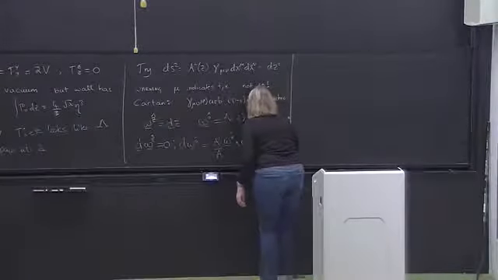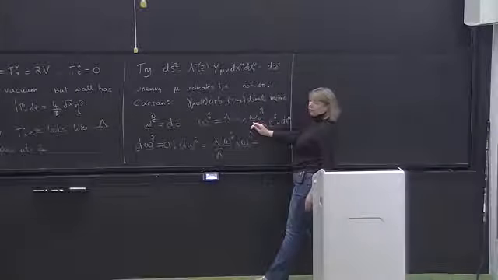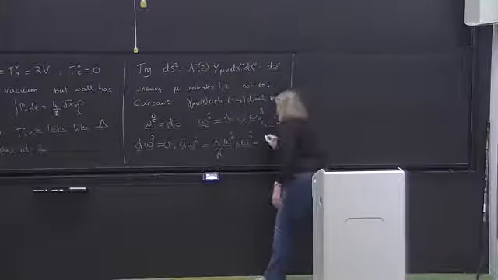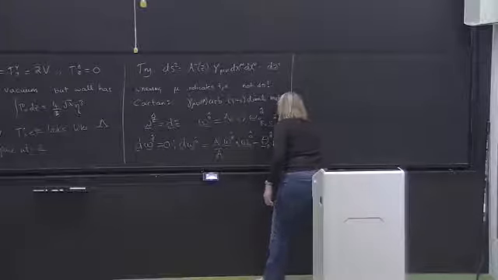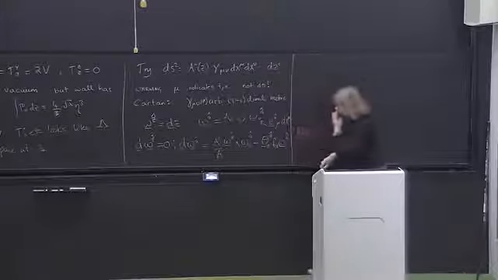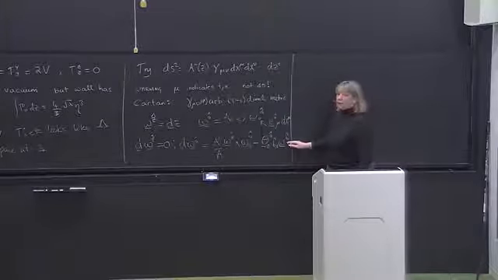The second bit, I differentiate omega naught. When I differentiate omega naught, I get the background connection 1 forms, and then I reabsorb the a to take my omega naught back to an omega a.